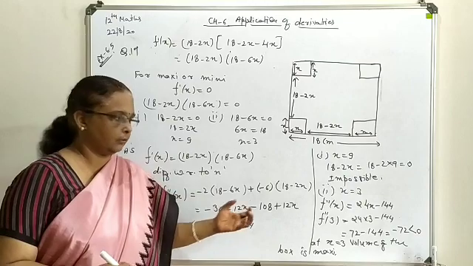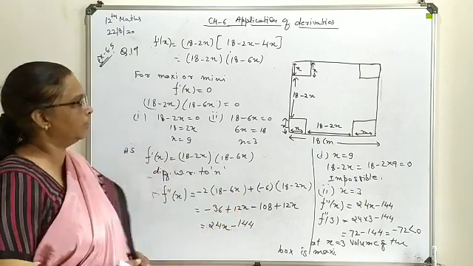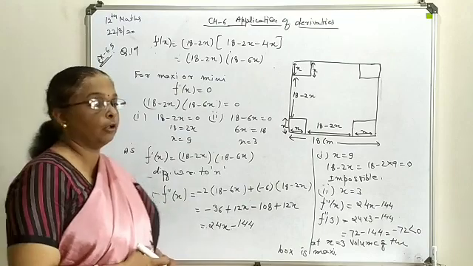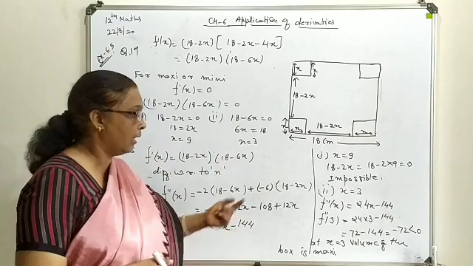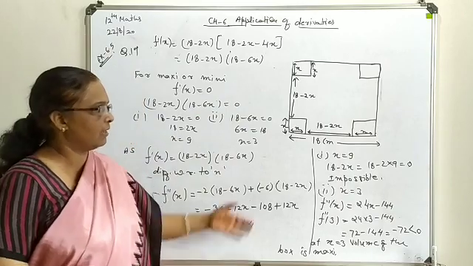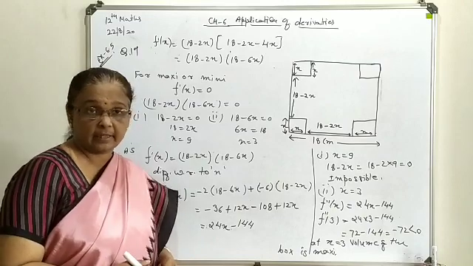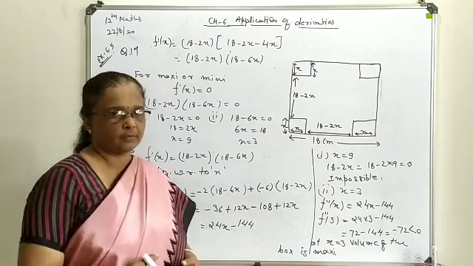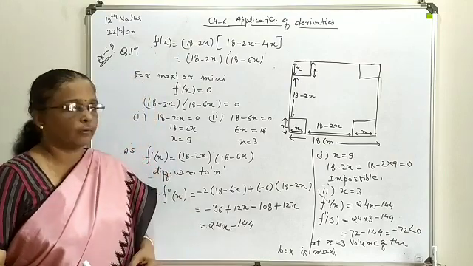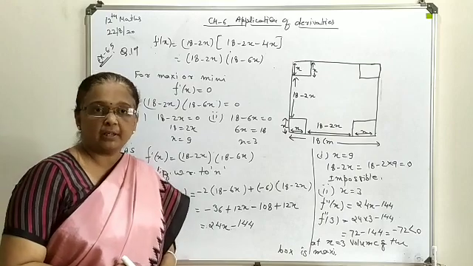So this way we have to find out the values for a particular parameter in which you will find maxima or minima. Now what we have to decide is the side of the square that is to be cut at each corner. So this x, we have supposed it as the side of the square that is to be cut at each corner. So to have a maximum volume of a box, the side of the square which is going to be cut at each corner should be 3 centimeters.